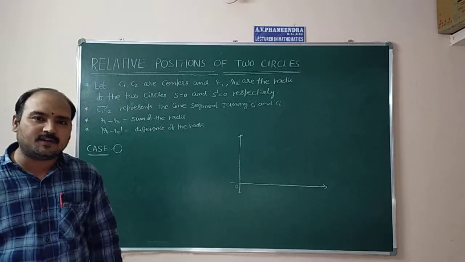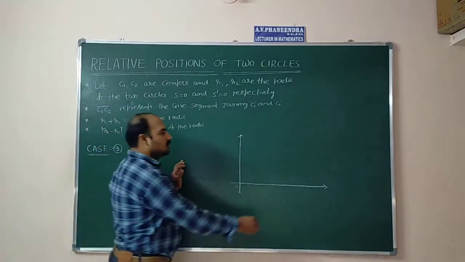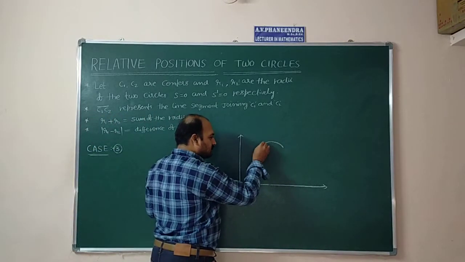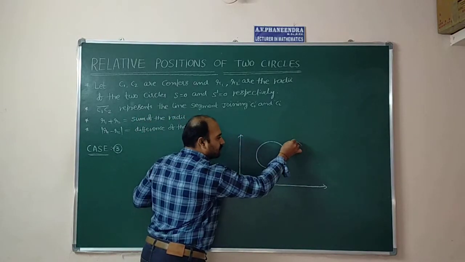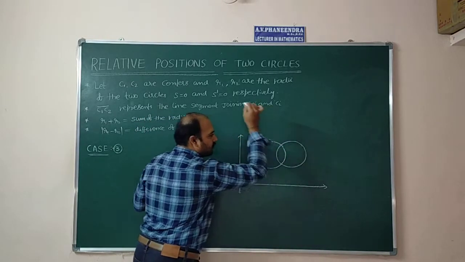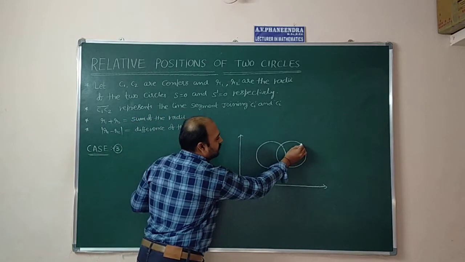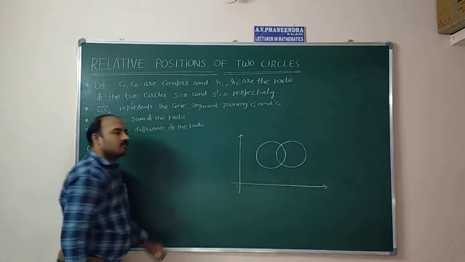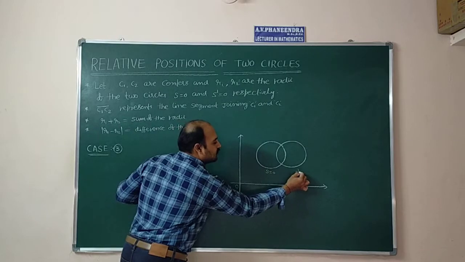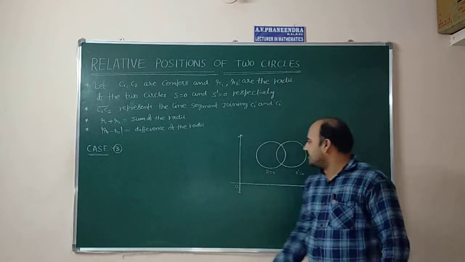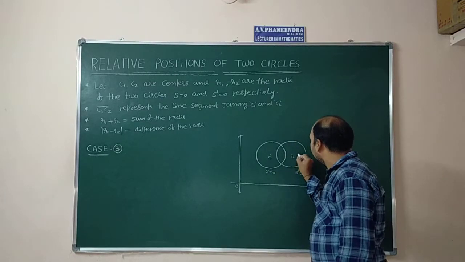Coming to the third case, case 3, these circles are like this. S equal to 0 and S dash equal to 0. Their centers are C1 and C2.